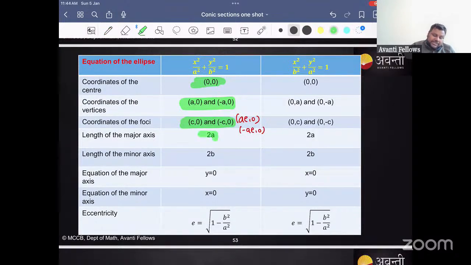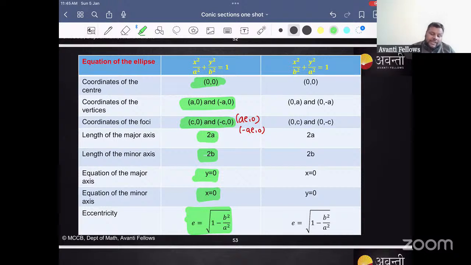Length of major axis 2a, length of minor axis 2b, equation of major axis y equal to 0, which is the x-axis, equation of minor axis x equal to 0, which is the y-axis, and eccentricity E is the square root of 1 minus b square upon a square.